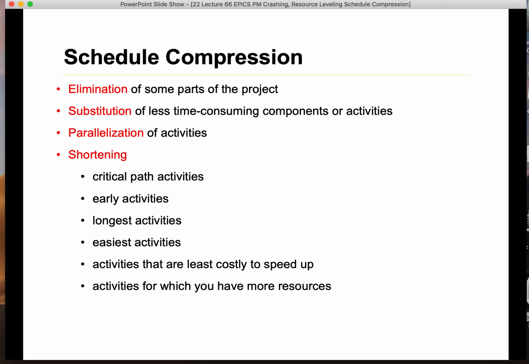You may want to speed up. You may want to use more resources. So these 2 things are critical, right? Maybe you want to add more resources. When we say resources in project management, don't only think about money.